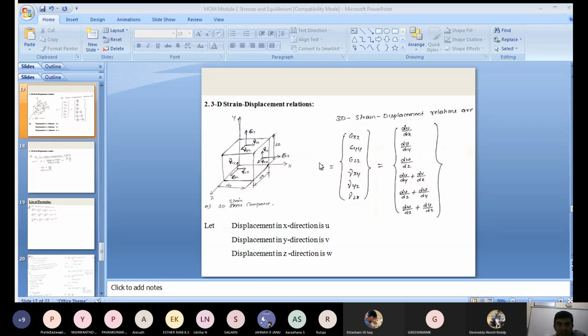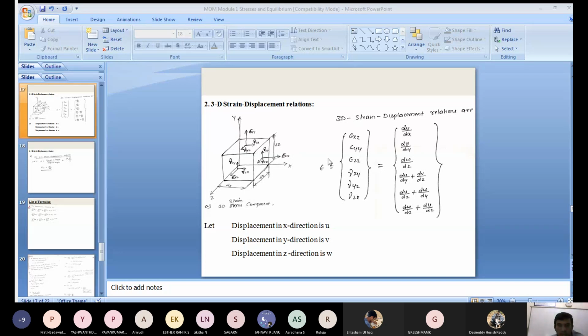Similarly, go for gamma xy. Gamma means shear strain, x plane, y direction. It is a summation of two longitudinal strains. Gamma xy is a shear strain along the x plane, y direction, equal to: the deformation along the x-axis is du, and the thickness of the element along the y direction is dy, so du by dy, plus.